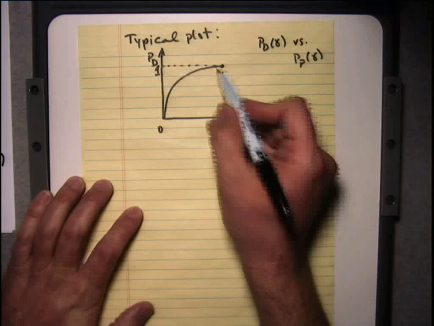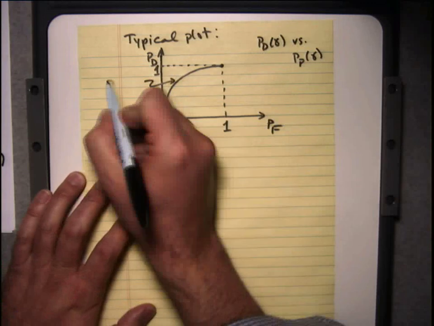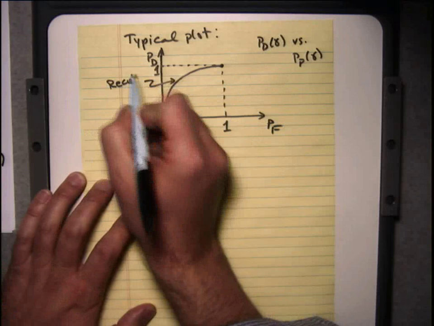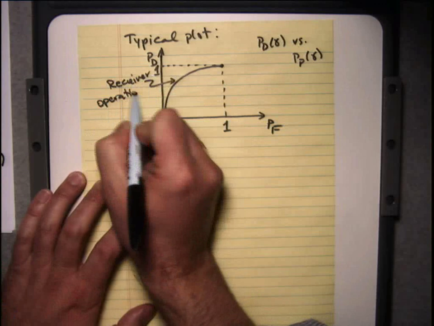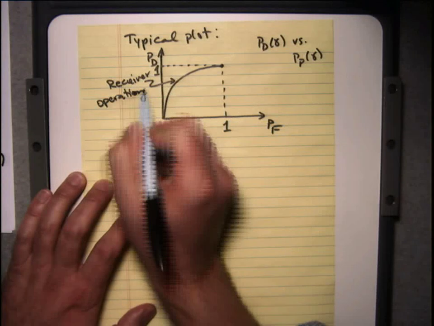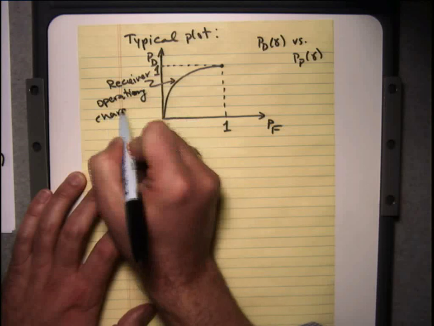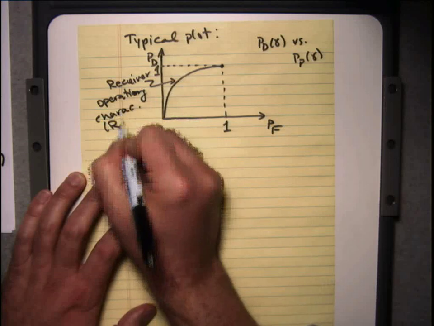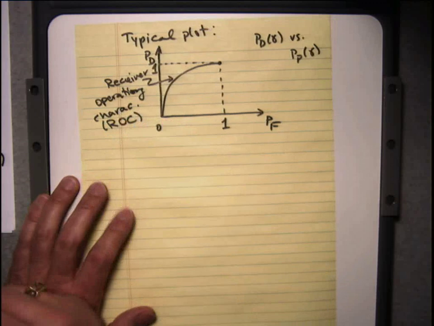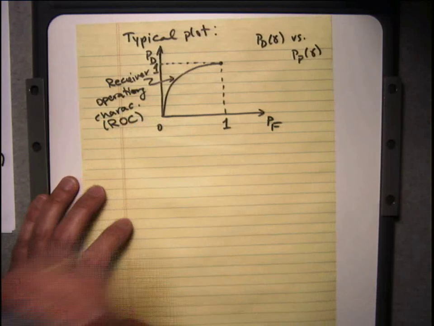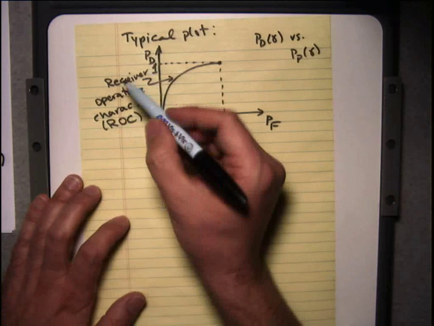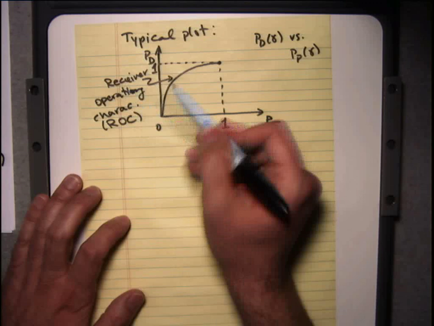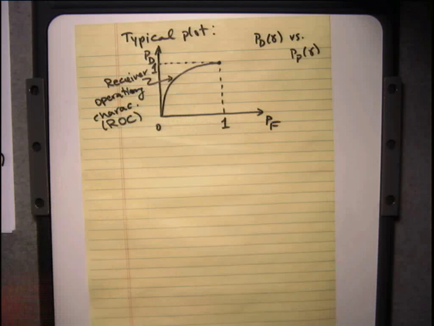This curve here is called the receiver operating characteristic, or ROC curve. How many of you have heard of this ROC curve term before? It's a funny name to give to a curve like this, called receiver operating characteristic. It's an interesting history behind it.